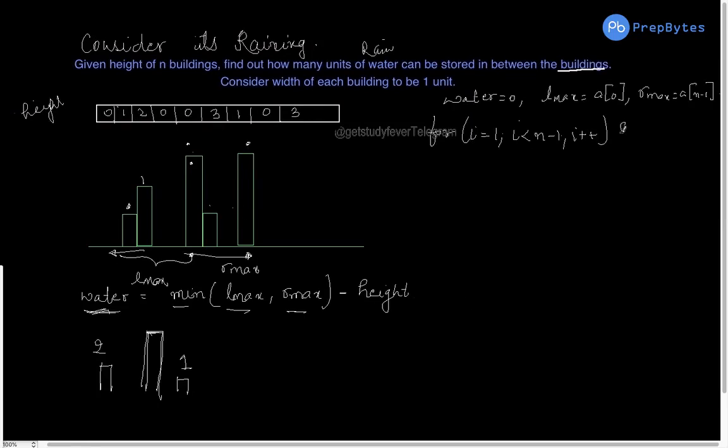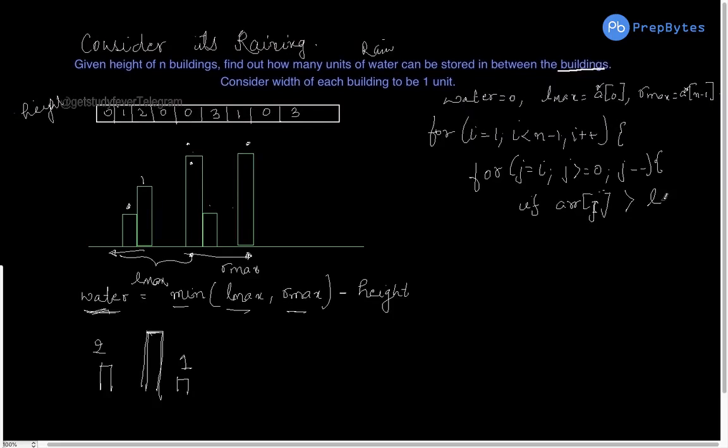Now, what I have to do is, for each i, calculate L max and R max. So how do I calculate that? I'll do for j equal to i, j greater than or equal to 0, j minus minus: if a of j, let's say this is a of 0 to n minus 1, a of j is greater than L max, we update our L max to a of j.